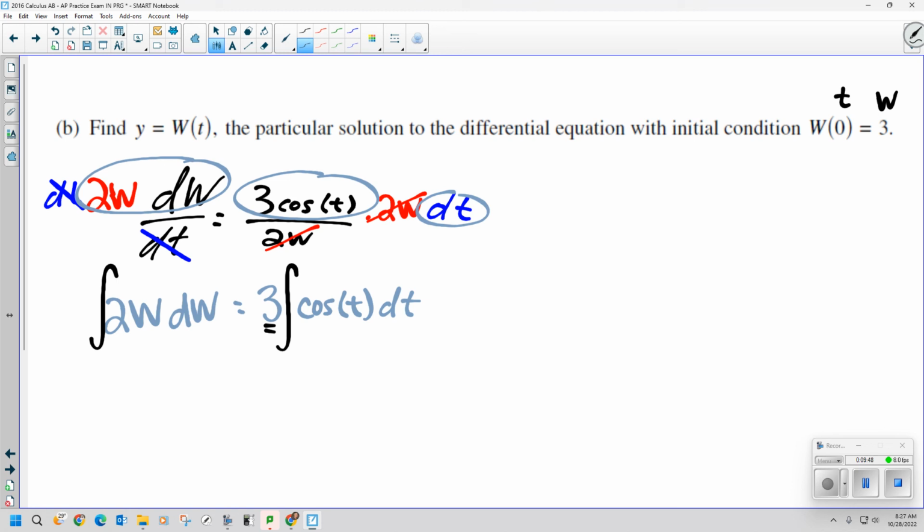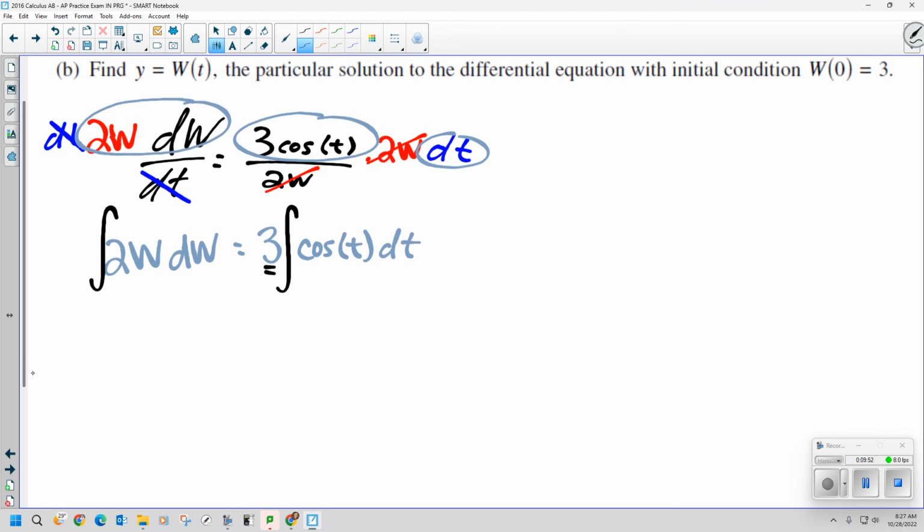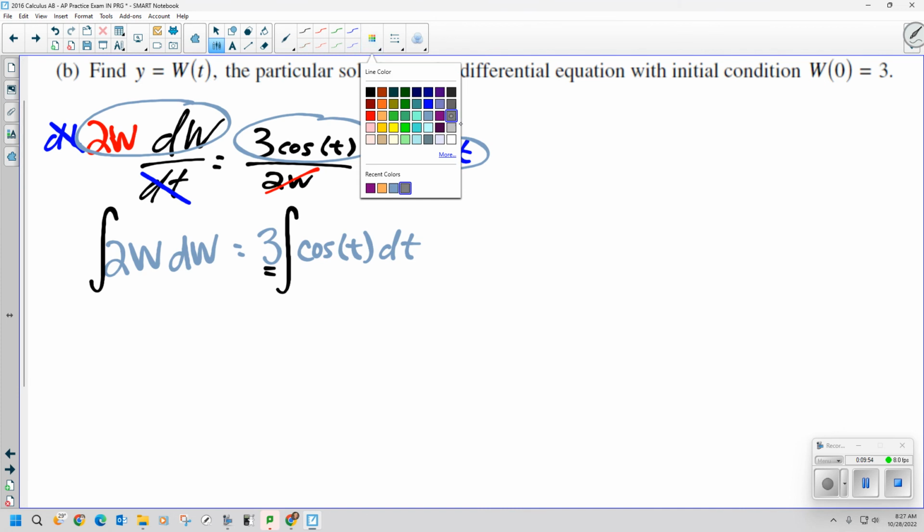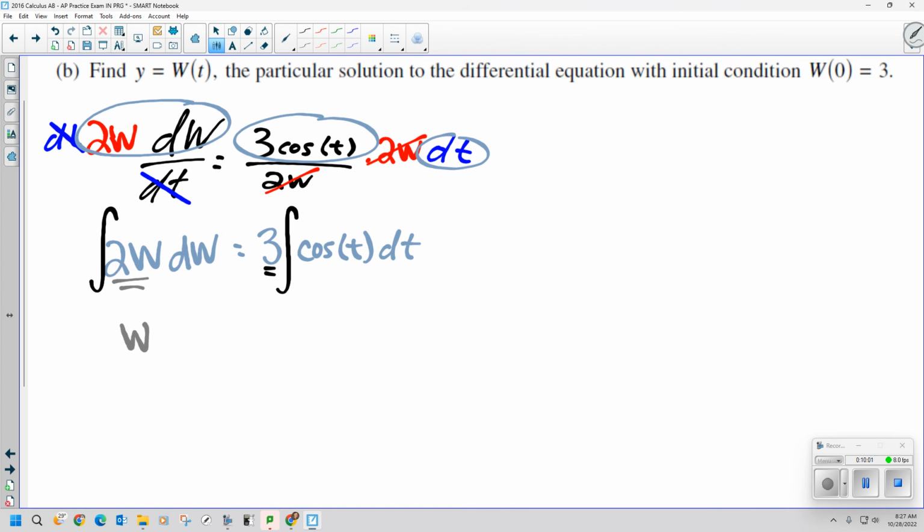So let's differentiate both of these. Now, when I say differentiate, I mean let's integrate both of these. This would be w squared plus C, remember, we'll call that C1. There are no bounds. Equals 3, well, I integrate the cosine of t to get sine of t plus C, some other constant.